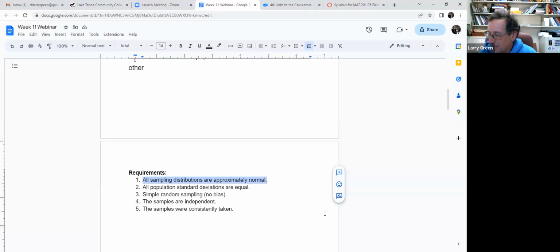If you had to do a hypothesis test using ANOVA, how would you ensure that all sampling distributions are approximately normal? Yeah, the sample size is greater than 30, or greater than or equal to 31, for every single group.